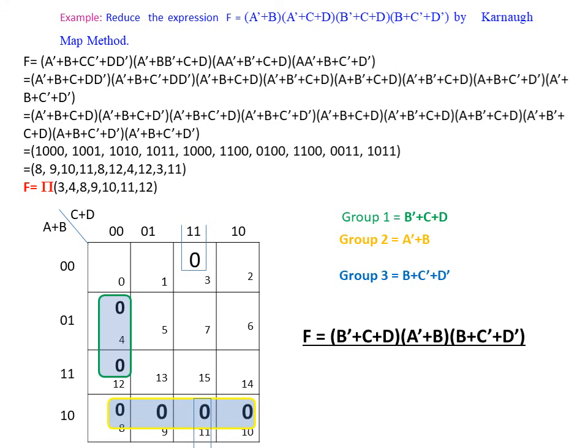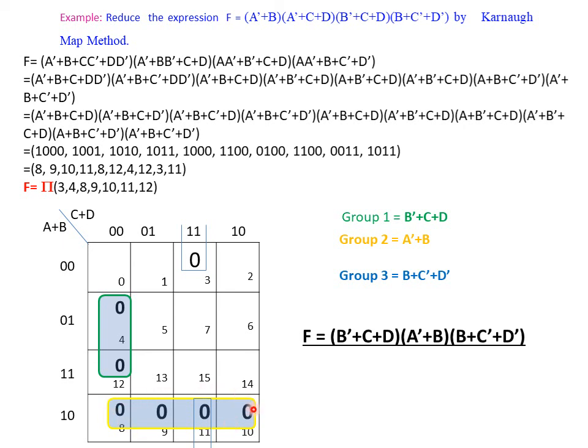In this example, first we are going to find standard POS form. From that we obtain the decimal values, then we place zeros in each cell. Then now we started grouping.